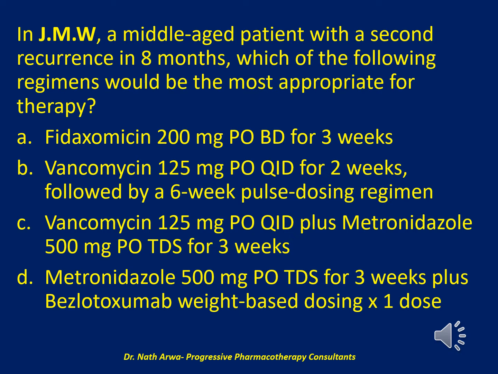Would it be A. Fidaxomicin 200 mg orally twice daily for 3 weeks, or B. Vancomycin 125 mg orally 4 times daily for 2 weeks, followed by a 6-week pulse dosing regimen, or C. Vancomycin 125 mg orally 4 times daily plus metronidazole 500 mg orally thrice daily for 3 weeks, or would it be D. Metronidazole 500 mg orally thrice daily for 3 weeks plus bezlotoxumab weight-based dosing times 1 dose?